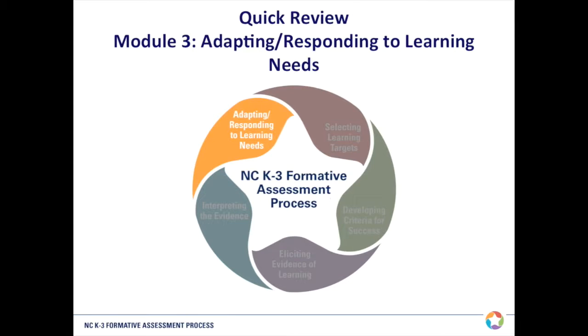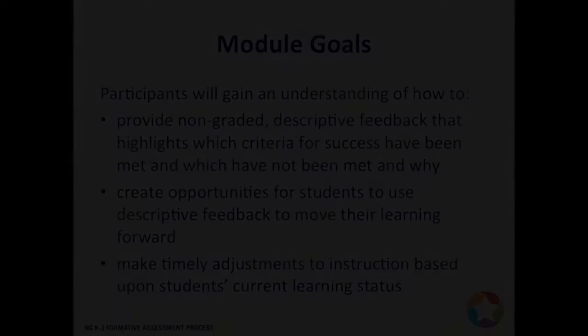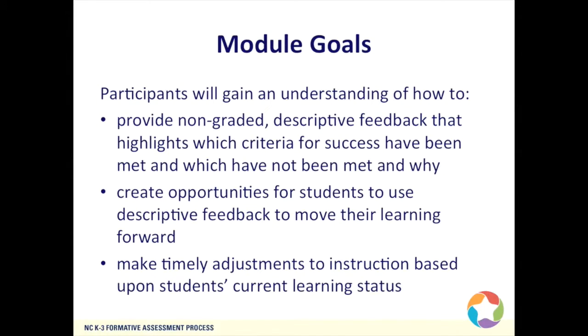Let's do a quick review for adapting and responding to learning needs for our students. Here were the 3 module goals. Provide non-graded descriptive feedback that highlights which criteria for success have been met and which have not been met and why. Create opportunities for students to use descriptive feedback to move their learning forward.